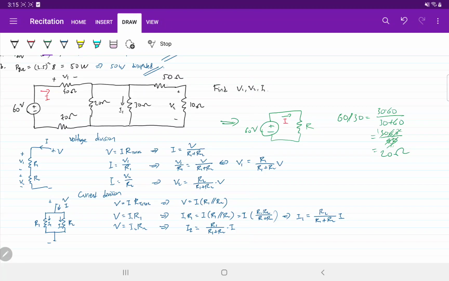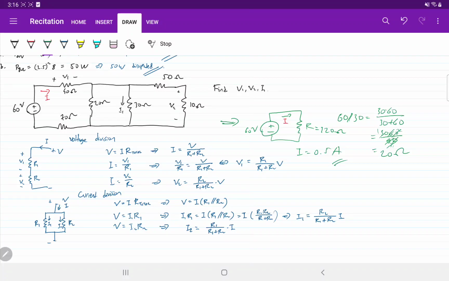So these three resistors are equal to 20 ohm, and this 20 ohm resistor is parallel with 20, so you get half of the resistance, 10. So the total resistance is 40 plus 10 plus 70, which is R equals 120 ohms. So I is 60 over 120, which is 0.5 amp.